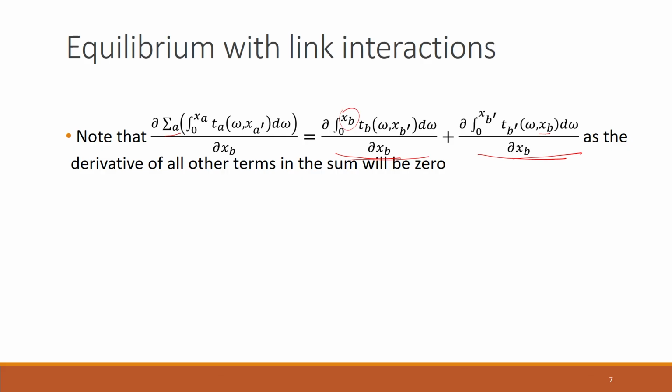And that is why this term is also not going to 0; it is something non-zero. Okay. But all the other terms in this sum, when you take the derivative with respect to the flow on link b, will be equal to 0, and that is why we have only taken these two terms here.